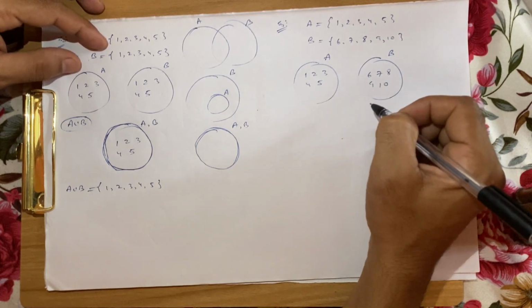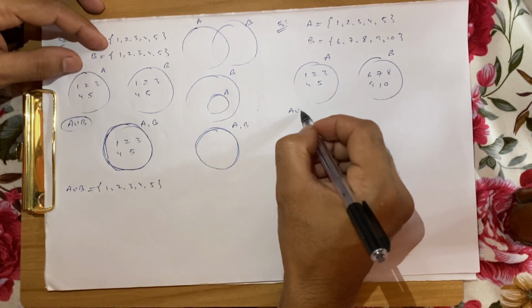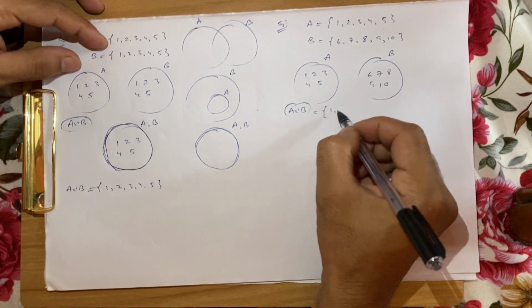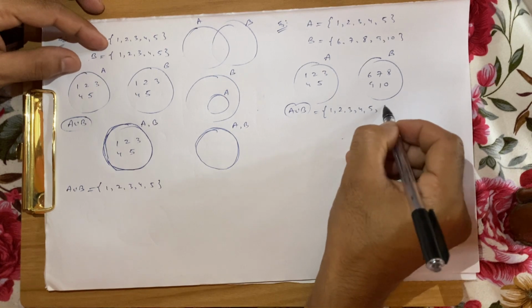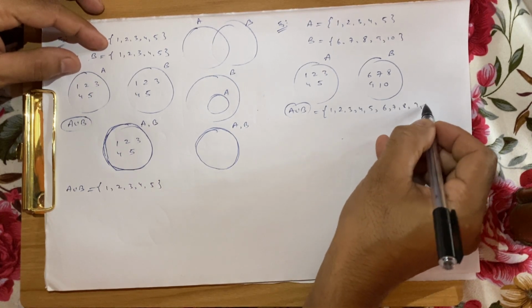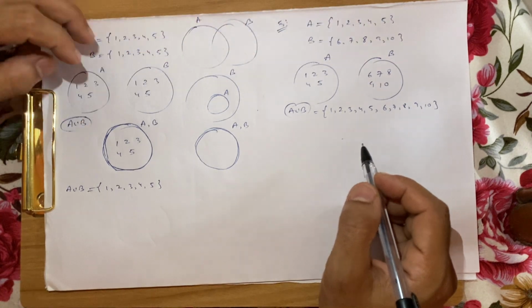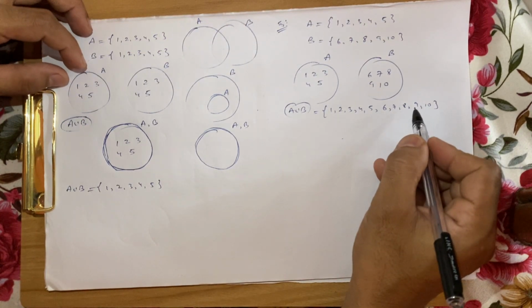Okay, so what will be A union B? In the roster form, it will be 1, 2, 3, 4, 5, 6, 7, 8, 9, and 10. It's simple. Just combine all the elements present in set A and in set B, and make sure not to repeat any elements.